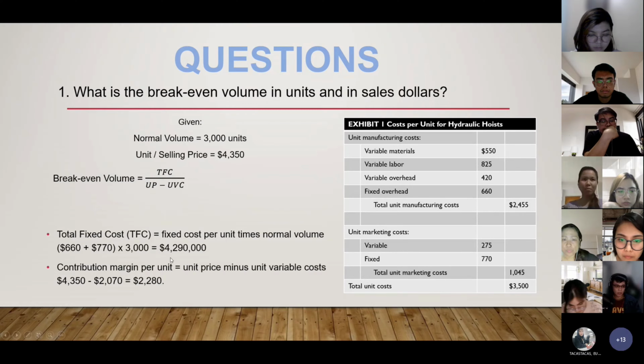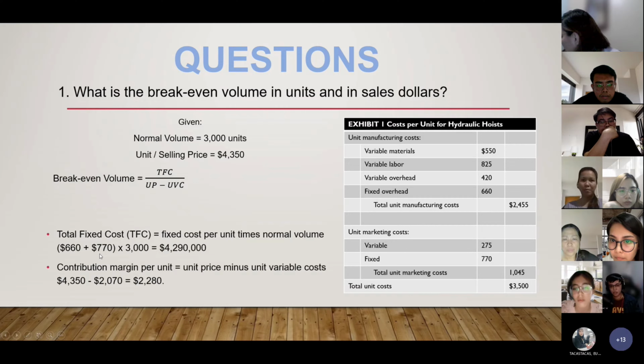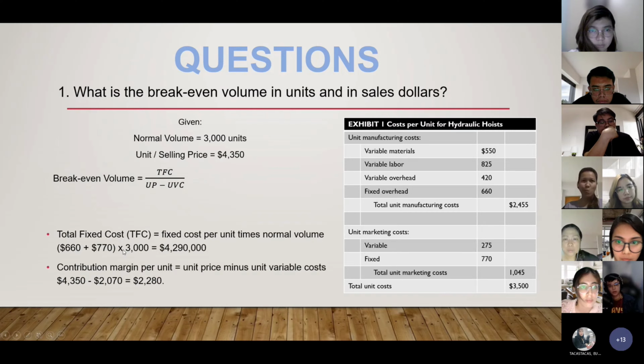So ang ating fixed cost per unit are yung 660, which is fixed overhead over here, tsaka yung $770, yung nasa baba, marketing cost, times 3,000, it's equal to $4,290,000. So that's going to be our numerator or our TFC.